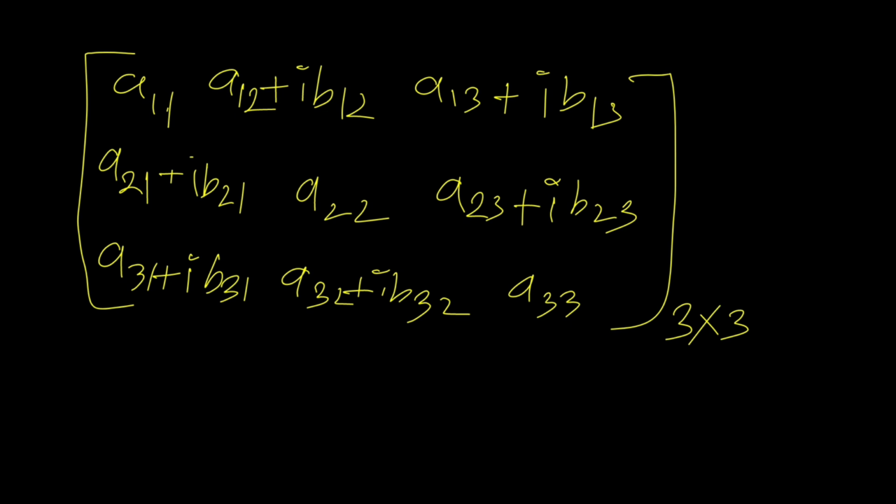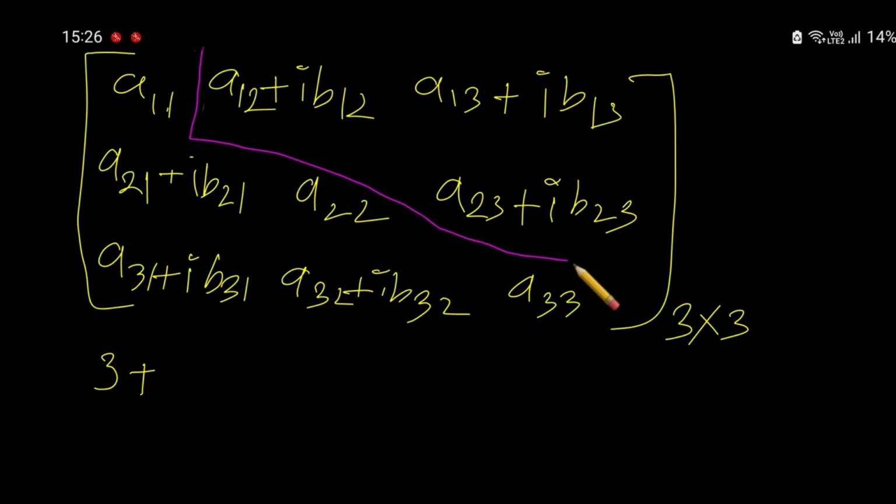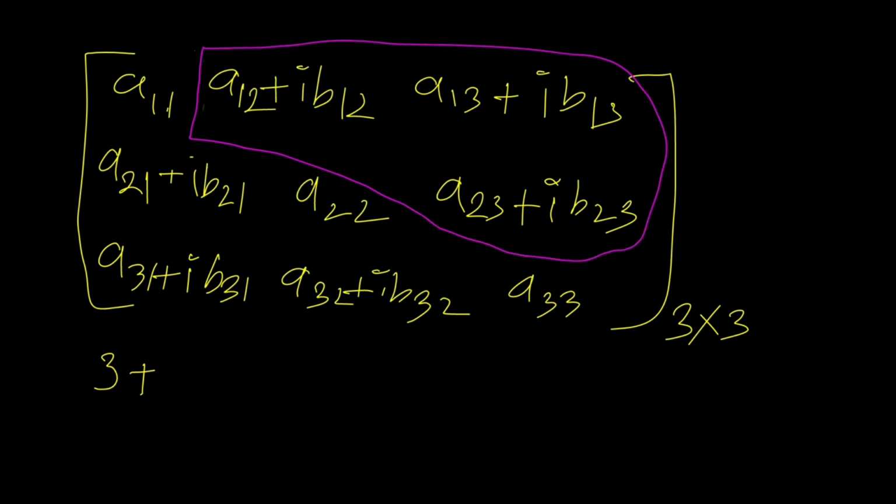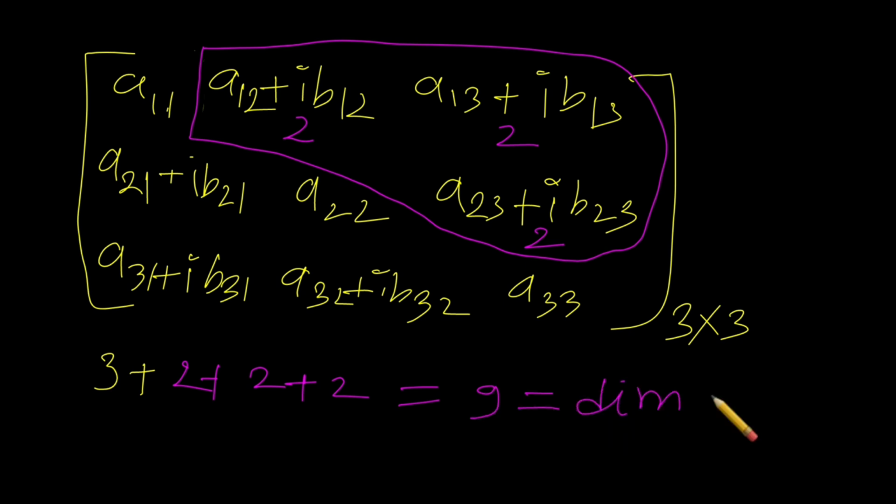All three diagonal values are real, so counting the real diagonal elements gives 3. Then for the off-diagonal elements, each choice has two elements, so 2 plus 2 plus 2, which is 6, plus 3 is equal to 9. So the dimension of W1 should be 9.